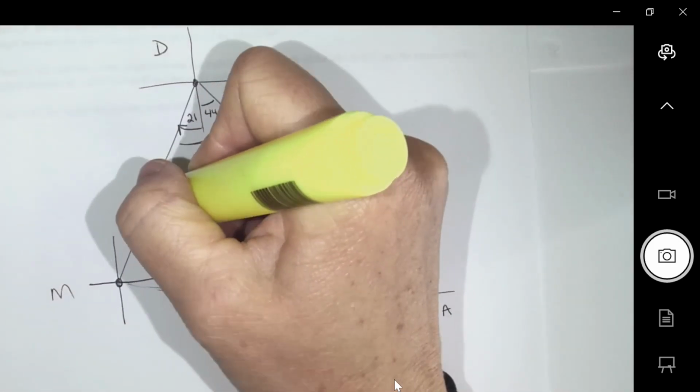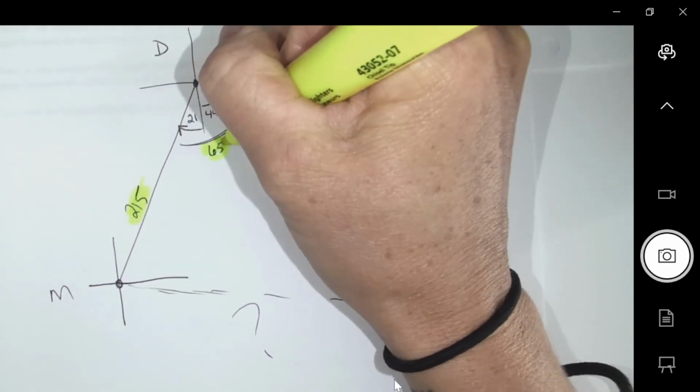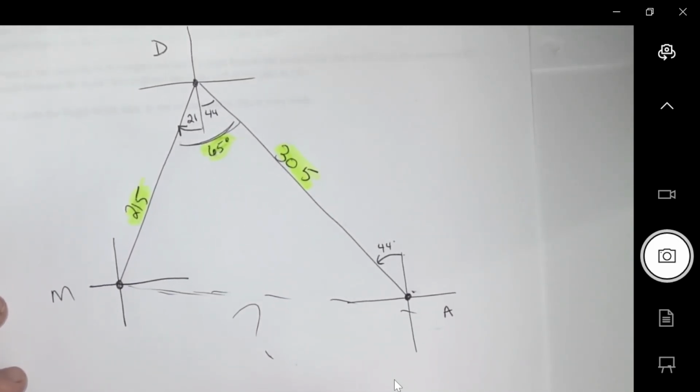Okay, what is the strategy that we have going on here? SAS. So the cosine law. So 215 squared plus 305 squared minus 2 times 215.